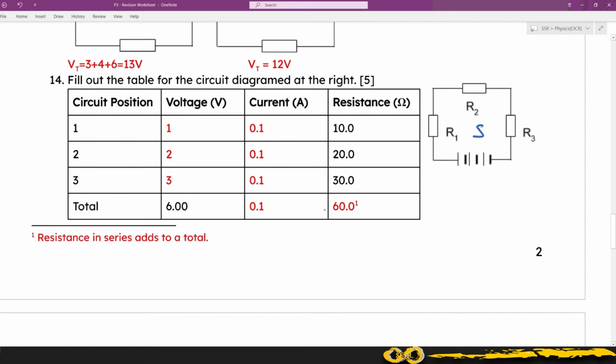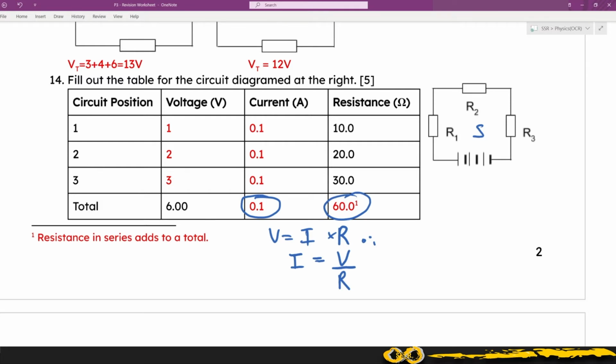With that total resistance and the total potential difference, which was known to us, we could then calculate the total current using V equals I times R. Or in this case, because we were looking for the current, we would have to use the equation I is equal to V divided by R. That gives us our current of 0.1, and we then use that current throughout the circuit because it's a series circuit and the current is the same throughout the circuit.